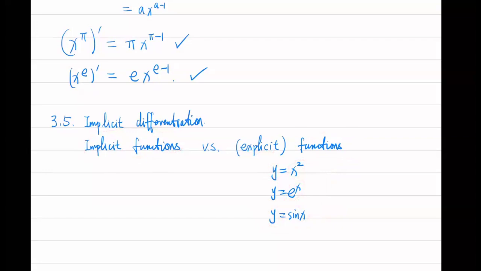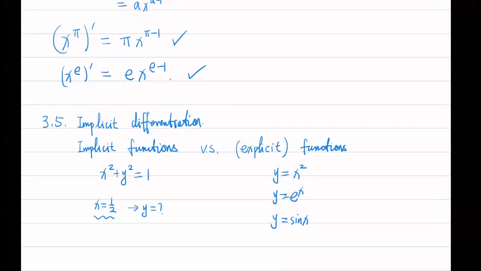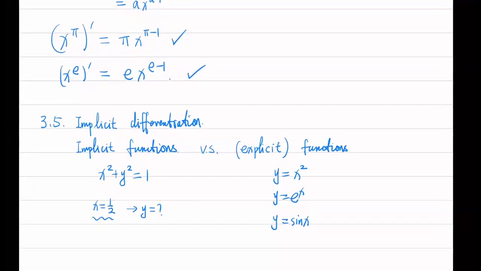For example, for this one, you give me an x. Let me check. So x is 1/2. How do you find y? You plug 1/2 in x squared. Or here, y is the square root of 1 minus x squared. So here is a choice.